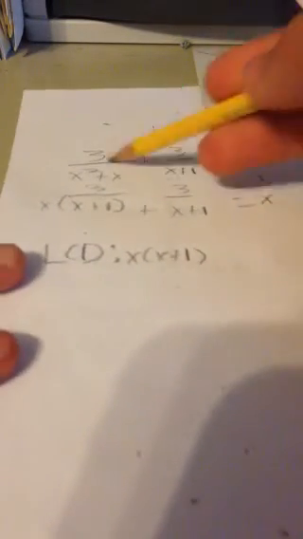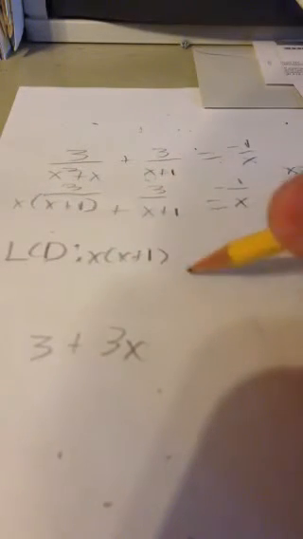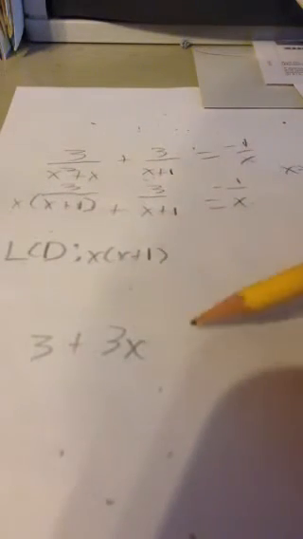Multiply the numerator by your LCD. We don't need it here, so we just drop the 3 here. We need it up here. We need an x here because we don't need the x plus 1 because it's already on the denominator. So just multiply 3 by x, just like the trick that I taught you in the first video. And then this one needs the x plus 1.